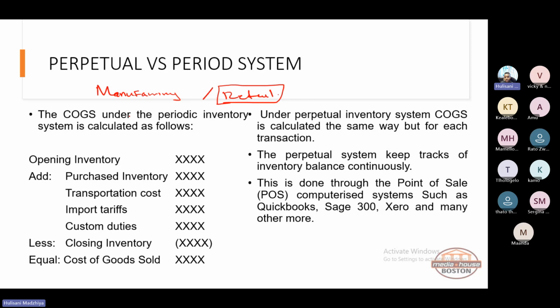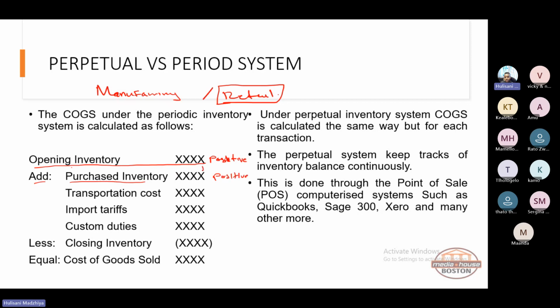So when you calculate your inventory, you are going to have opening inventory. This is the inventory that was remaining from the previous month. So here it is positive. This one is always positive. And then during the month, or at the beginning of the month, you are going to purchase inventory. So this is also positive.